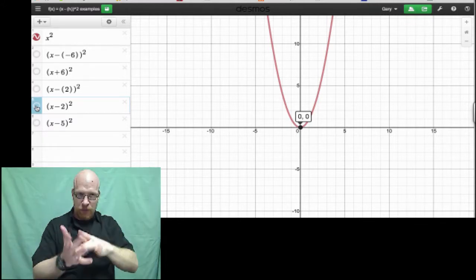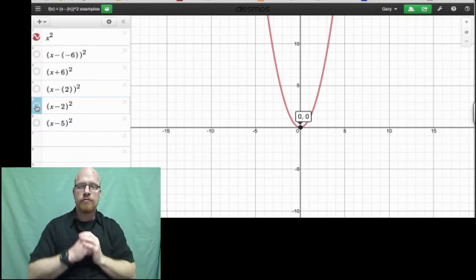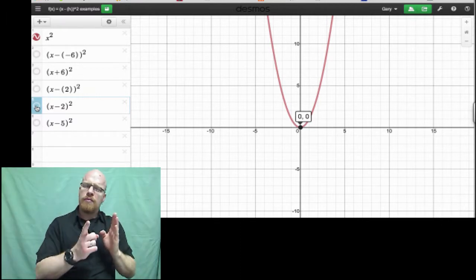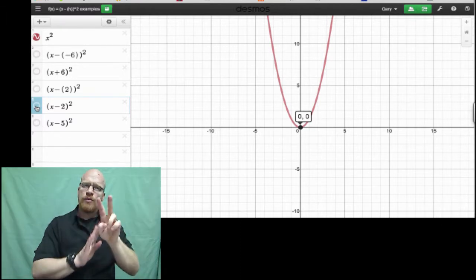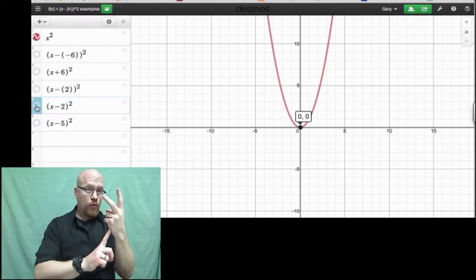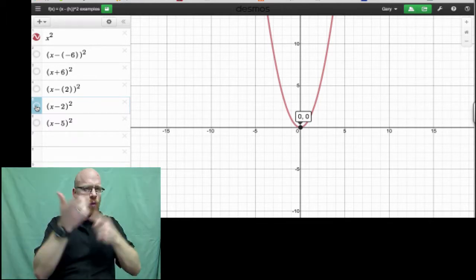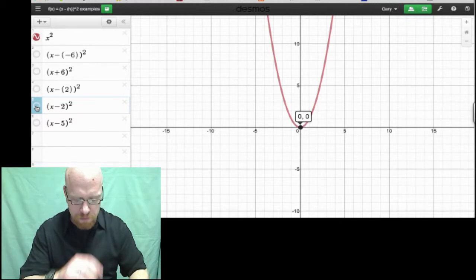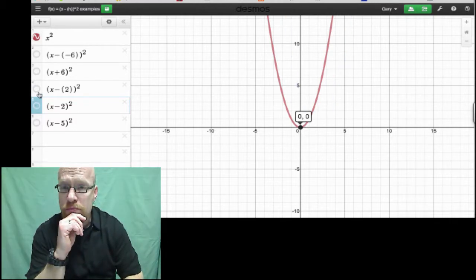If I were to turn on the parent function, the red parabola here, the range is greater than or equal to 0, and the vertex is 0, 0. Now remember, with this x minus 2 quantity squared, h is positive 2, right?